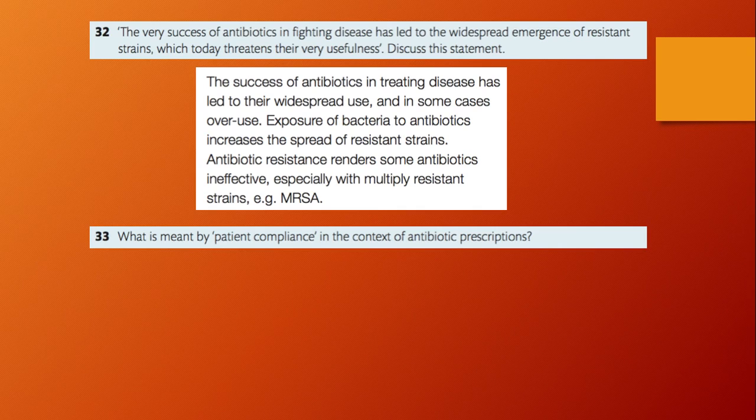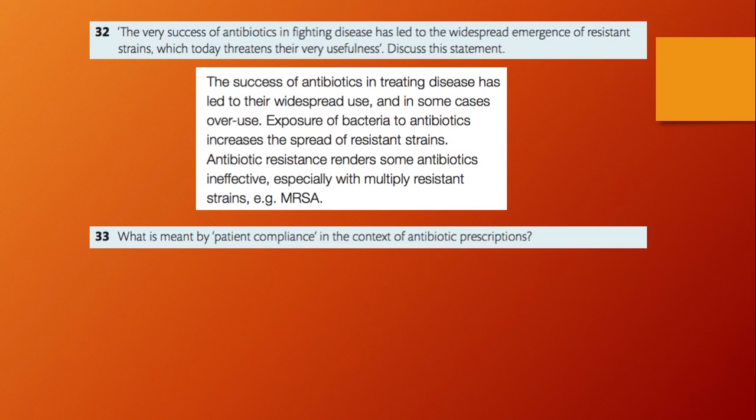So we also talked about overuse and overexposure. Because this bacteria is exposed to different antibiotics over a long period of time, that has increased the bacteria that is resistant, and therefore some antibiotics are just plainly ineffective if there are multiple resistant strains.